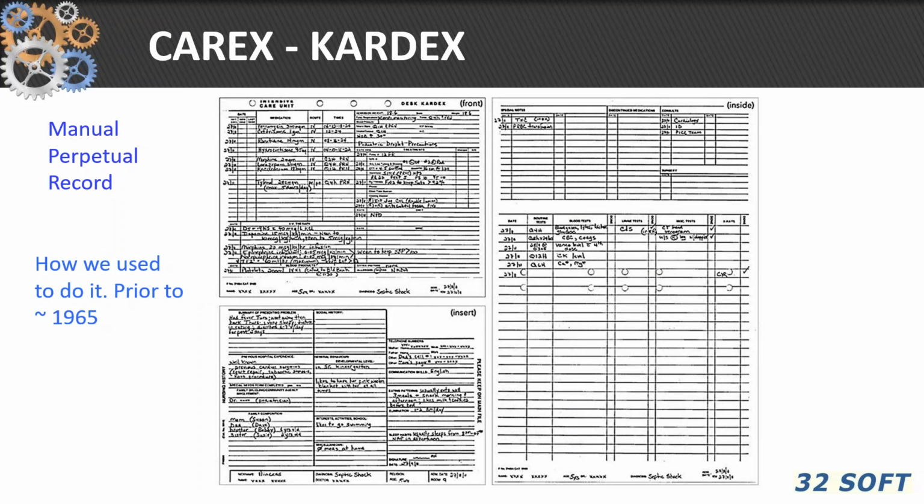The perpetual record is, as we see, usually a computerized system, but for those of us that are old enough, we remember what was the old Cardex system. So prior to about 1965, we used this Cardex system, and we had a record of the part number, the description, and everything that had to do with that part number, all the transactions, and we kept a running balance of our perpetual record.